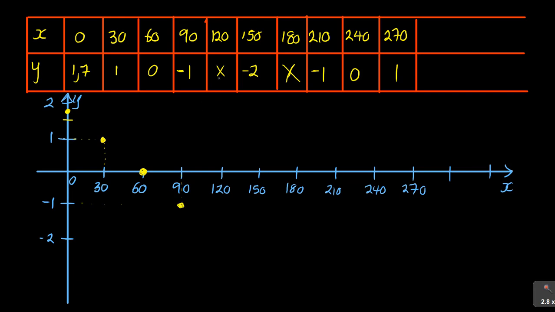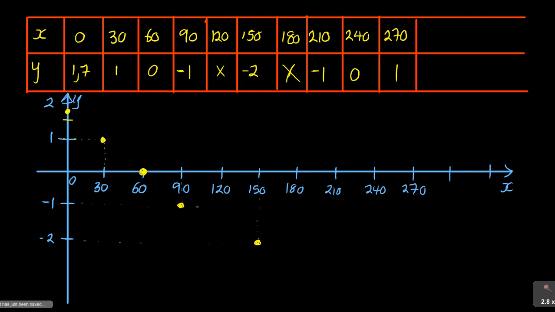120, we said leave it out because it's got a lot of decimals. 150 is -2. If you look at it like that and also look at it like that, there is a point there. 180, we leave it. 210 is -1.